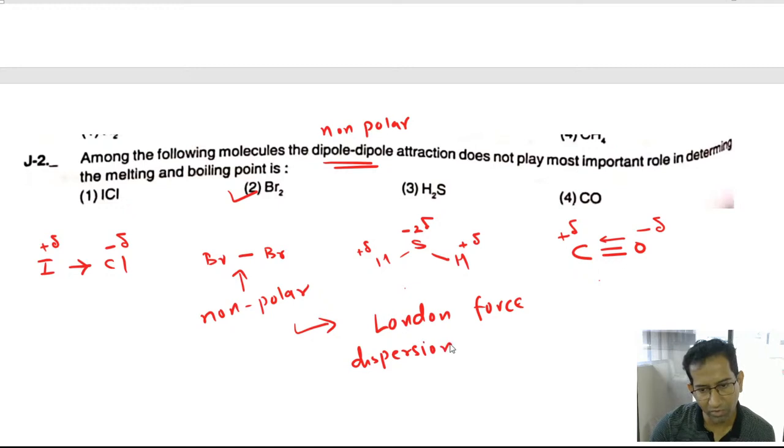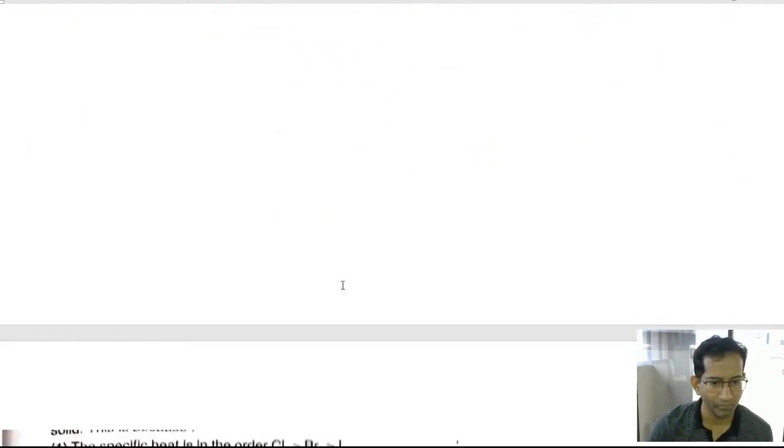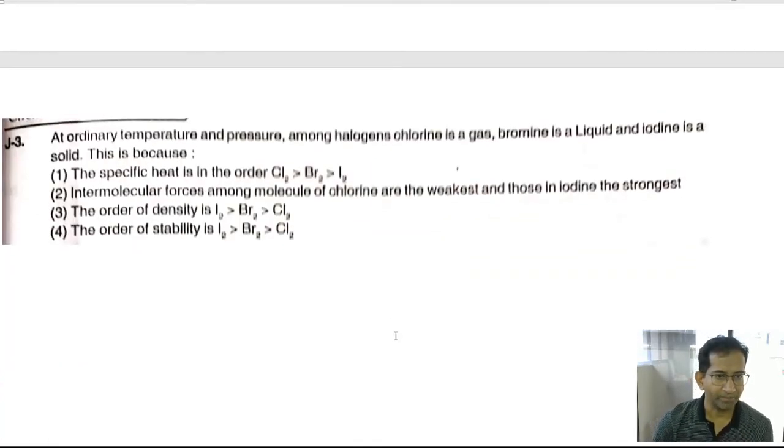The dispersion force is responsible for its boiling point. Okay. At ordinary temperature and pressure among halogens, chlorine is a gas, bromine is a liquid, and iodine is a solid. This is because of what? Cl2, Br2, I2.